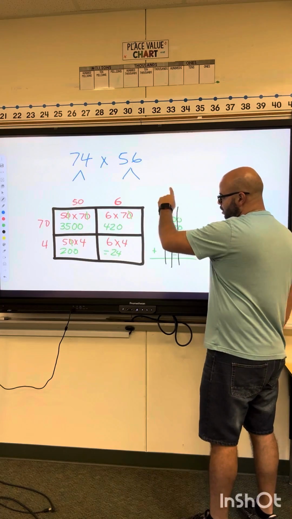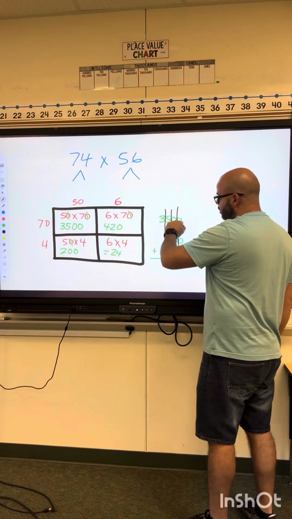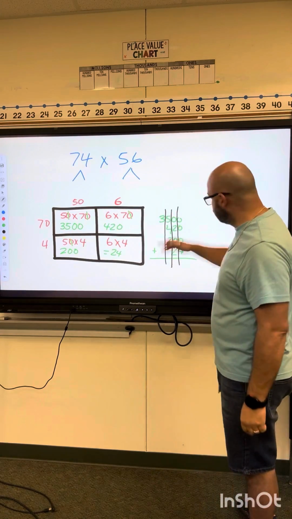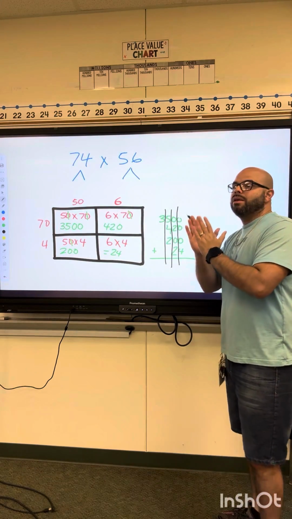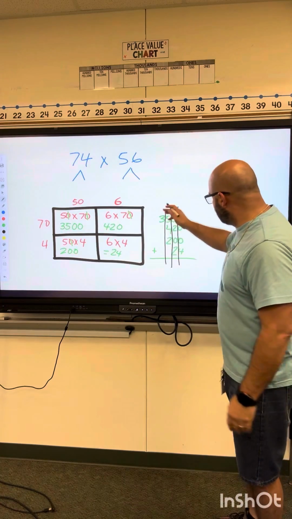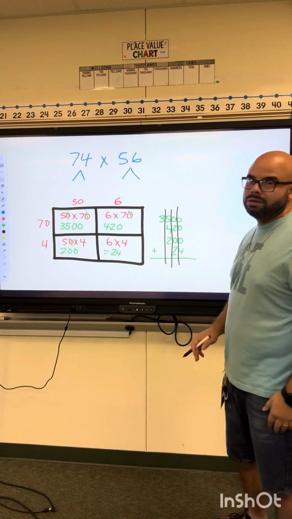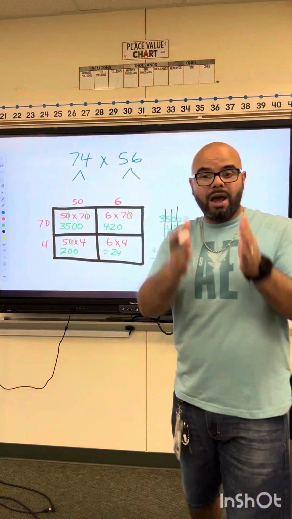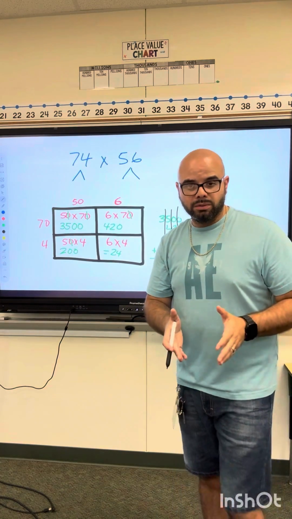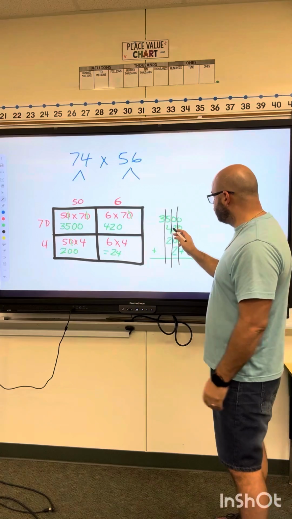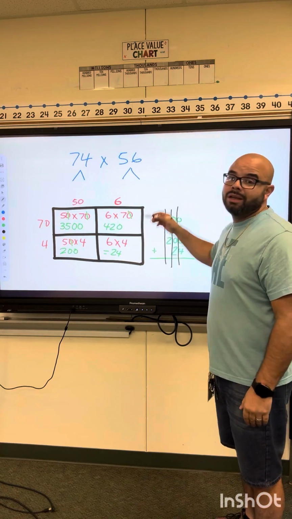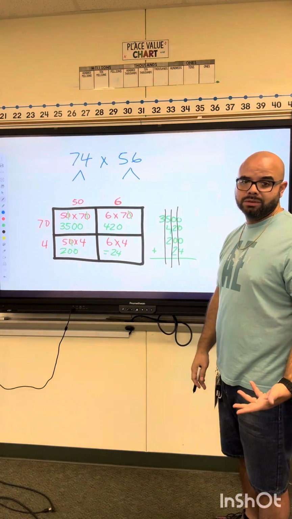The 4 in the hundreds, the 2 in the tens, the 0 in the ones place, and so forth. Okay? Parents, if you want, have them draw out these lines in between to figure out if they have those numbers in the correct place value, okay? Because they need to align those numbers correctly. If they have this 4 in the thousands place, it's going to be a completely different answer, okay?